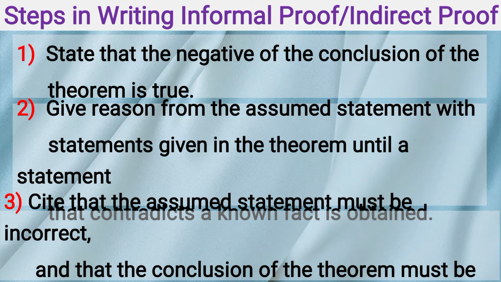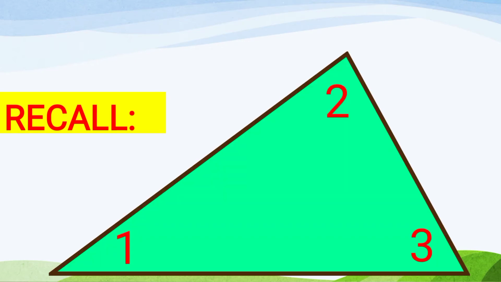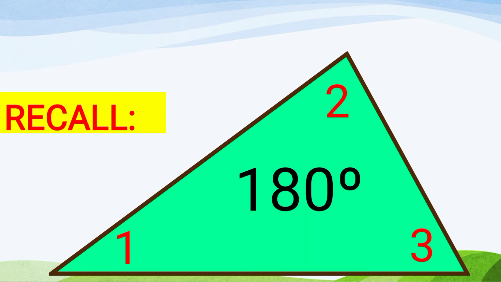For step number 2, we need to give the reason from the assumed statement with statements given in the theorem until a statement that contradicts a known fact is obtained. So we need to recall that the sum of the angles of a triangle is 180 degrees.